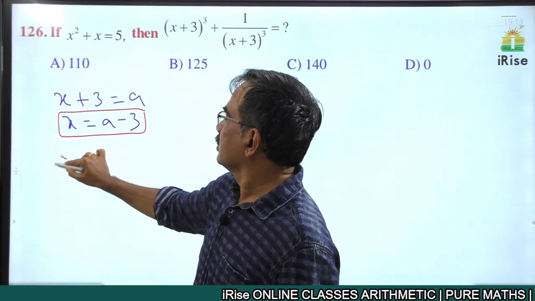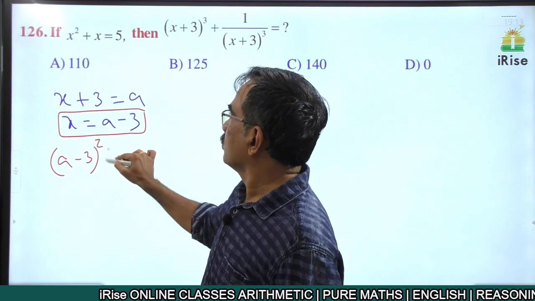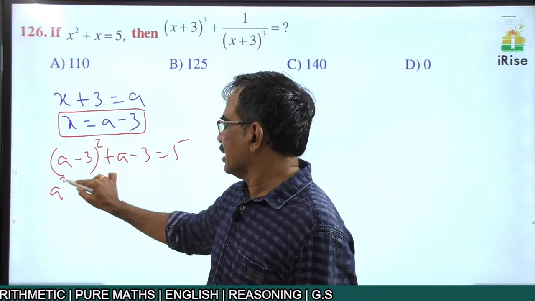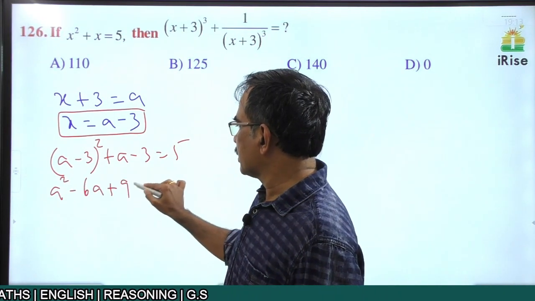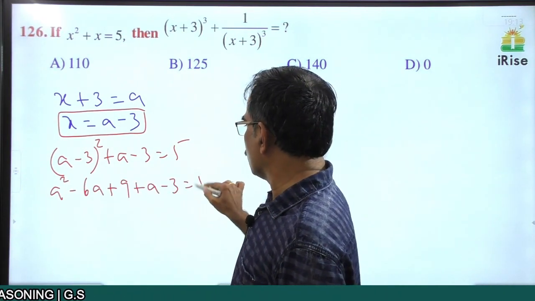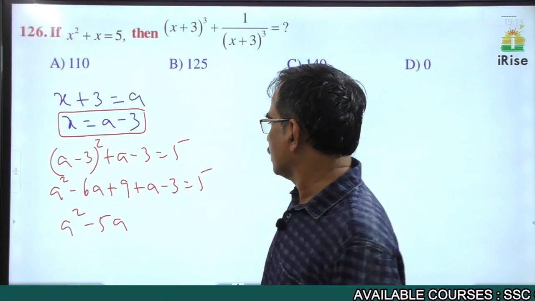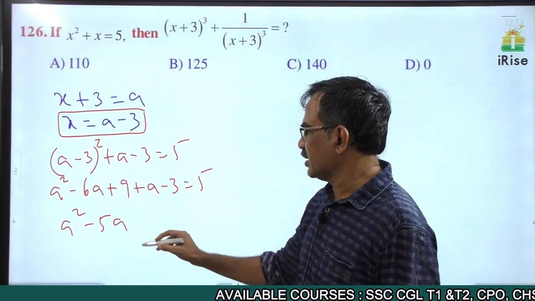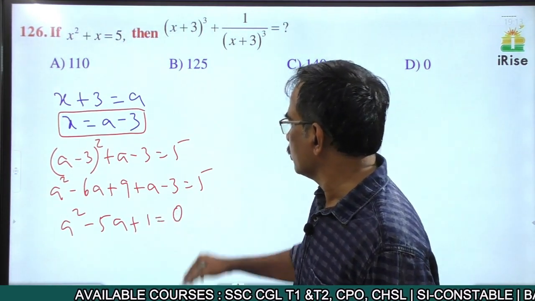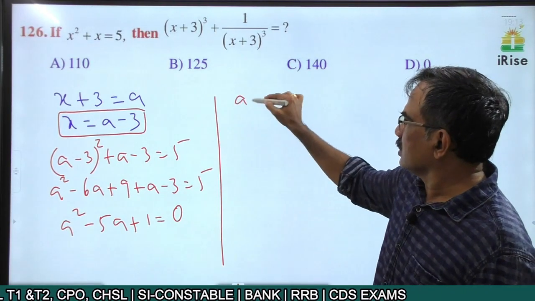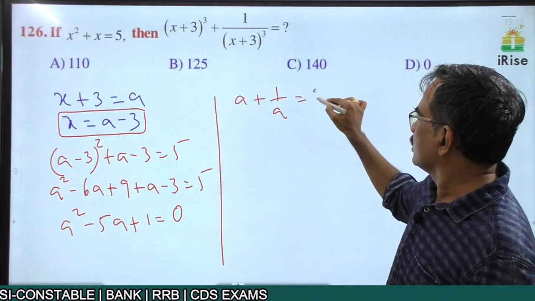Substitute in this: (a minus 3) whole square plus a minus 3 is equal to 5. A square minus 6a plus 9 plus a minus 3 is equal to 5. A square minus 5a, 9 minus 3, 6 minus 5, plus 1 is equal to 0. Then divide by a, we get a plus 1 by a is equal to 5.